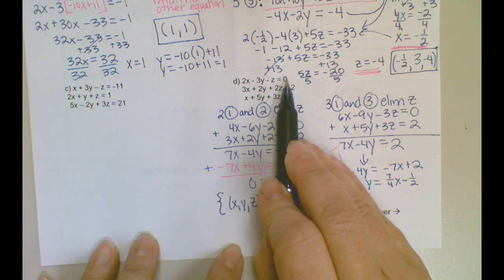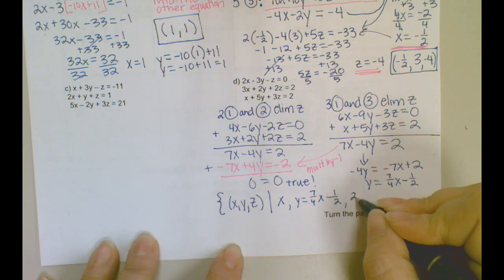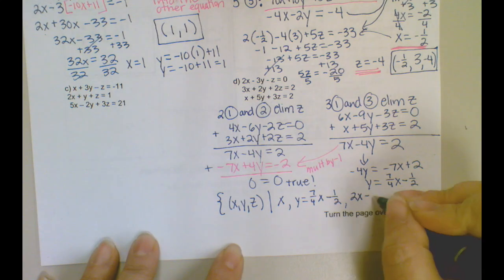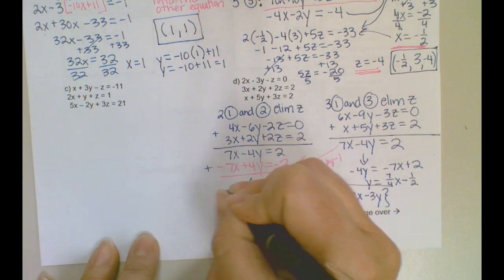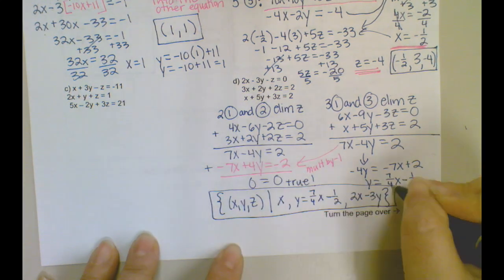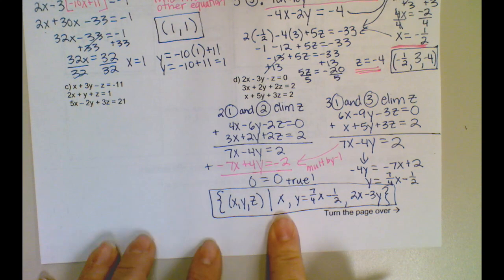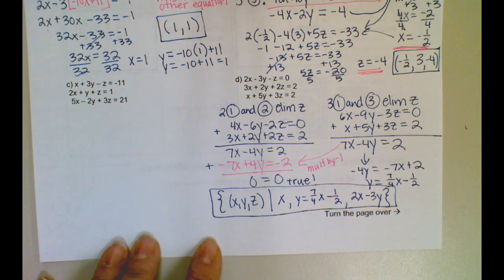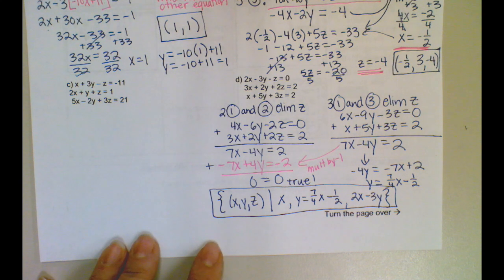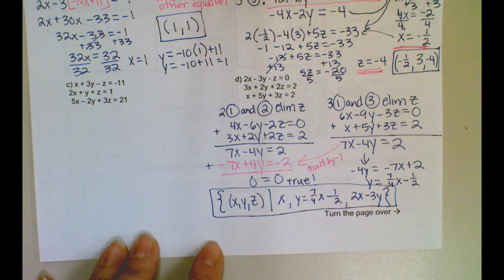And then z is alone. So 2x minus 3y. Again, if I had chosen to solve this for x instead of y, how I write that would look different, and that's okay, right? They can all be correct descriptors and be different than what someone else has, as long as you've done the algebra correct.